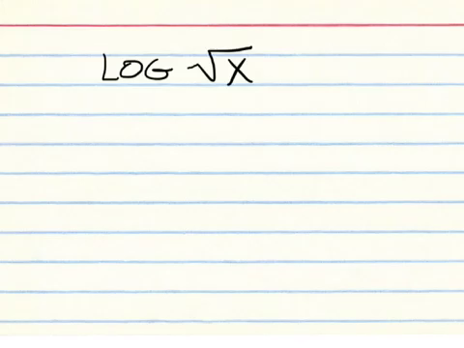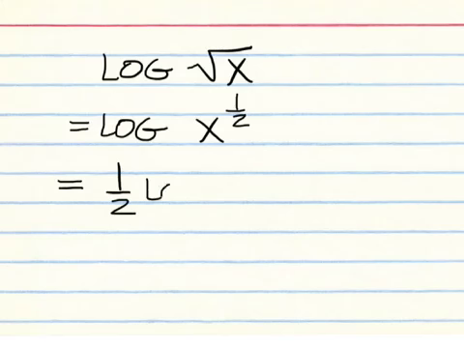The square root of something is the same as the half power of that something. So in reality, this is log x to the half power. And you can do what with that half power? Put it in front to make it 1/2 log x.